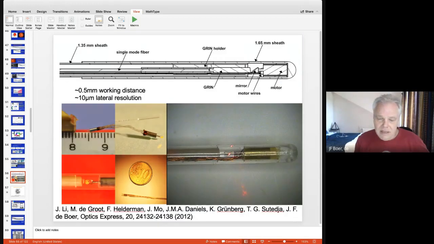This is a tiny catheter that we developed in our own lab. So this is such a micromotor of diameter of 1 millimeter, and a tiny little prism that is glued on top of it. This is the motor axle. You can see the wires, and this is the fiber that brings the light to this fiber tip.